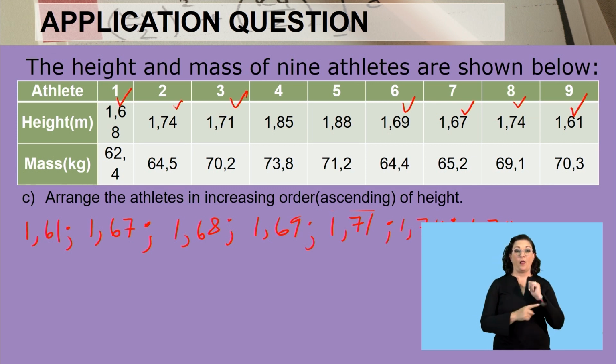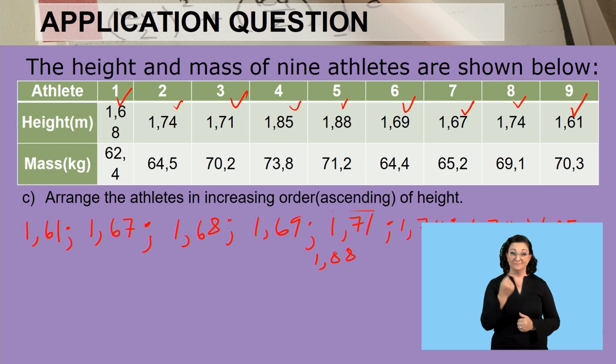And the last 2 would be athlete number 4 and athlete number 5 with 1.85 and 1.88. Does it make sense? We have captured all 9 of them in ascending order.